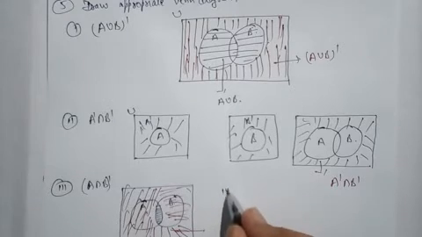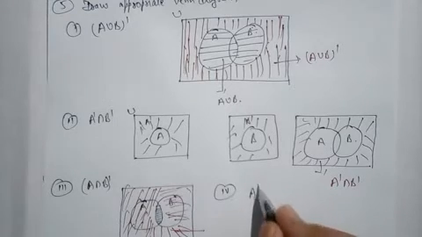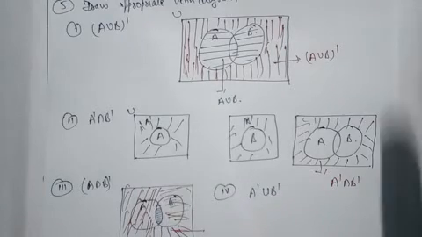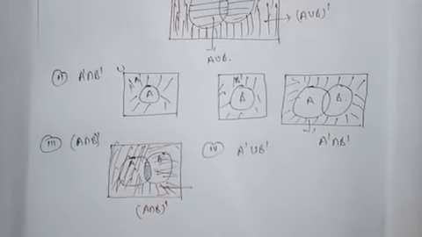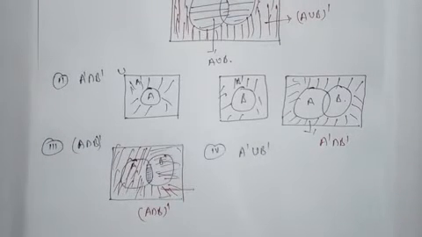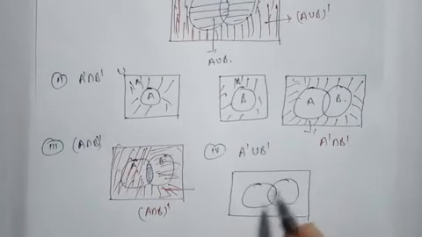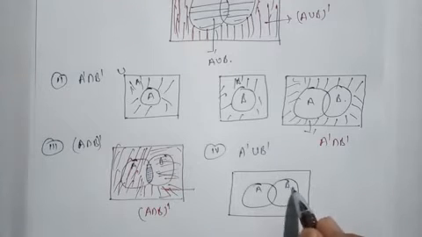Fourth part is A complement union B complement. Union means both. This is A, this is B. Clear?